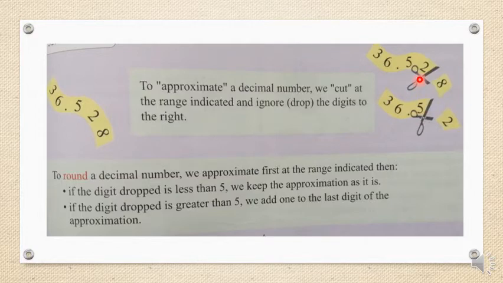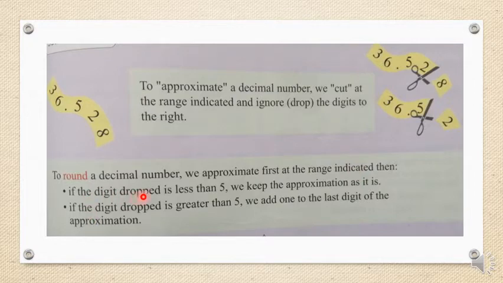Here we cut the decimal number at the hundredth digit because we approximated to the hundredth digit, but here we approximated to the tenth. While rounding, what is rounding? To round a decimal number, first we approximate to the range indicated. We cut the other digits to the right, and you have to pay attention.